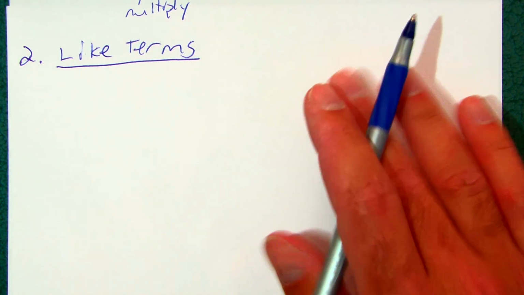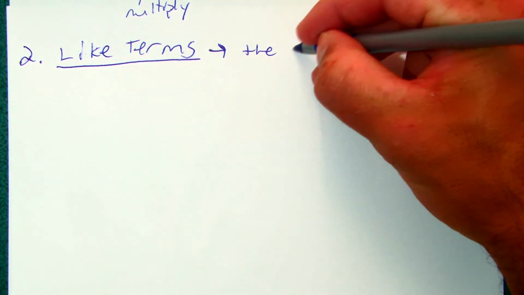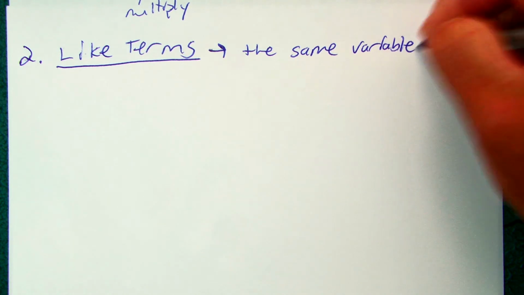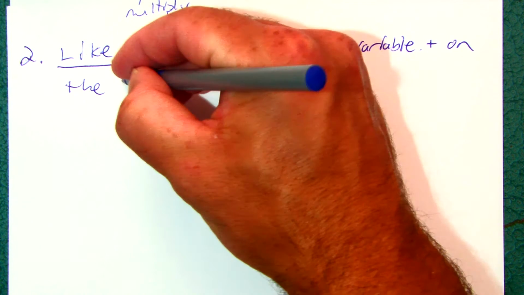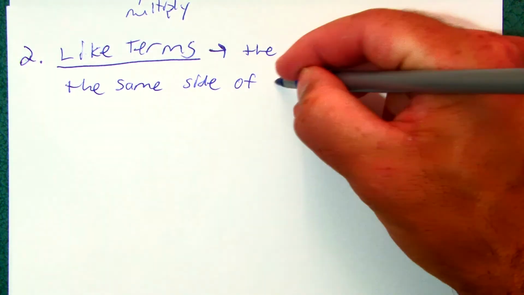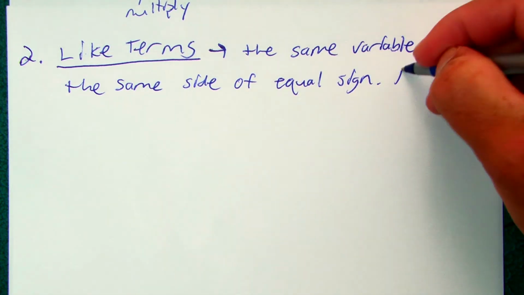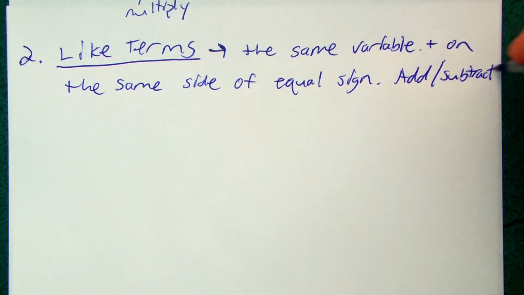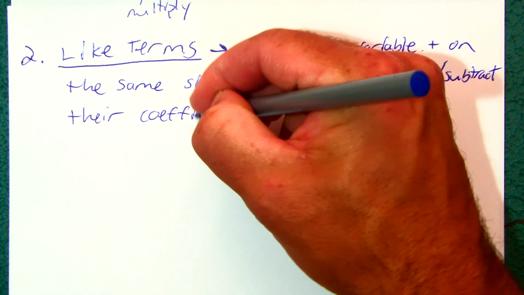Like terms are the same variable, and they're on the same side of the equal sign, and you add or subtract their coefficients.